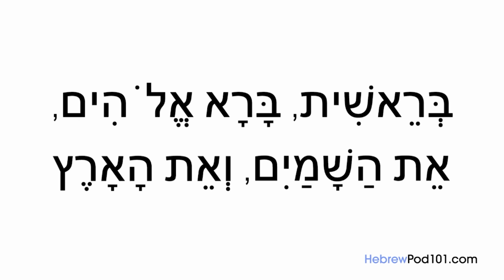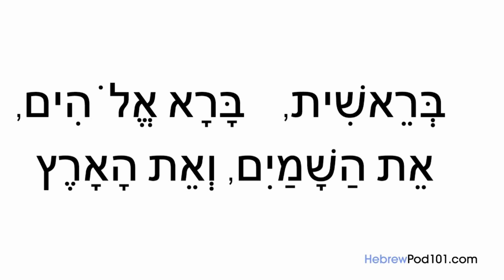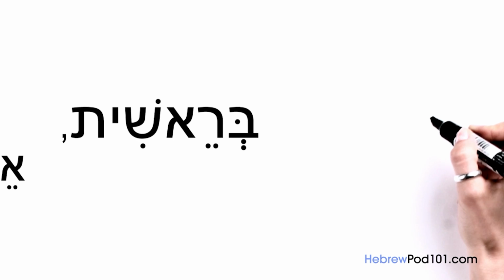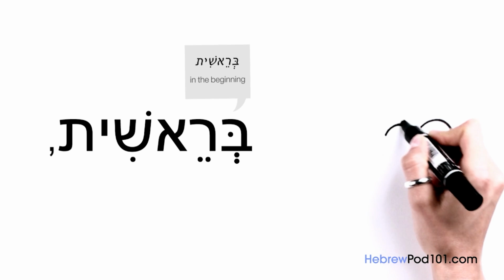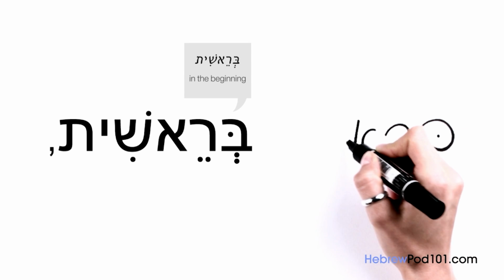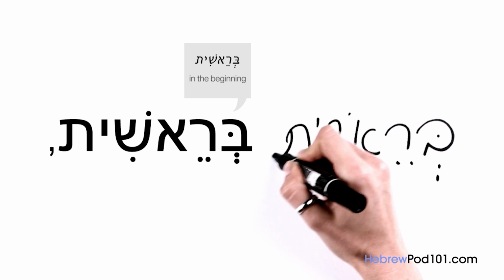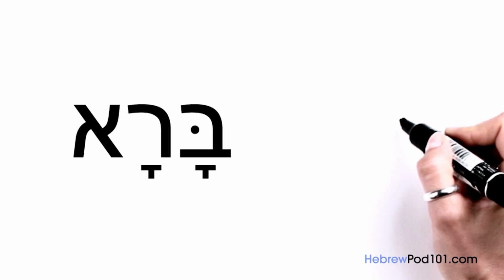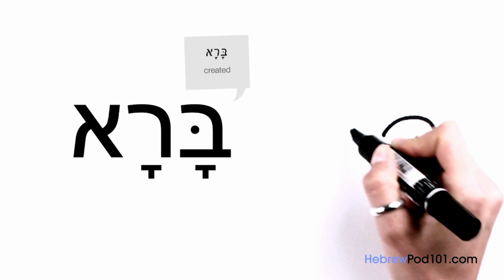Bereshit bara Elohim et hashamayim ve'et haaretz. In the beginning, God created the heaven and the earth. Let's break it down. Bereshit, in the beginning. Bara, created.